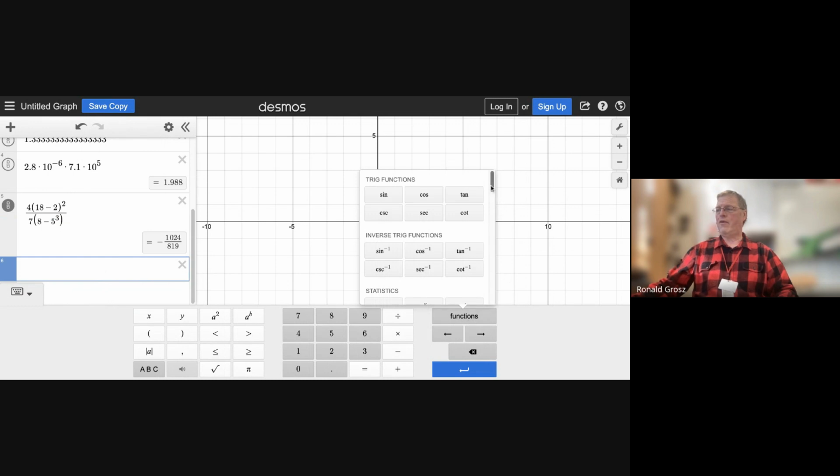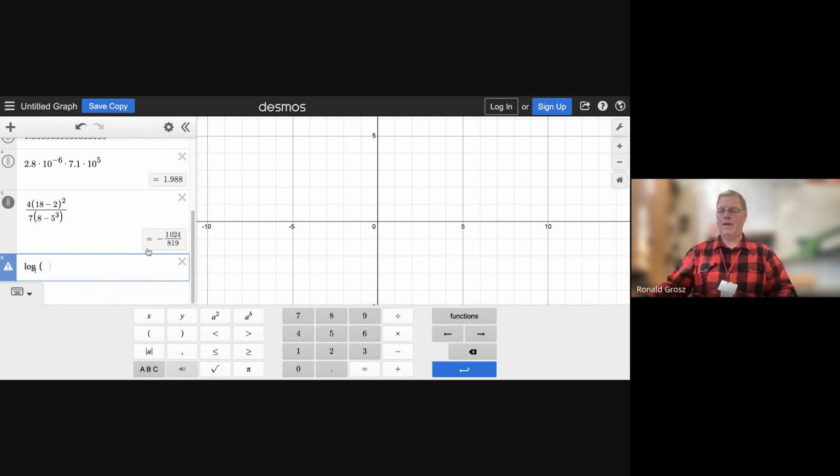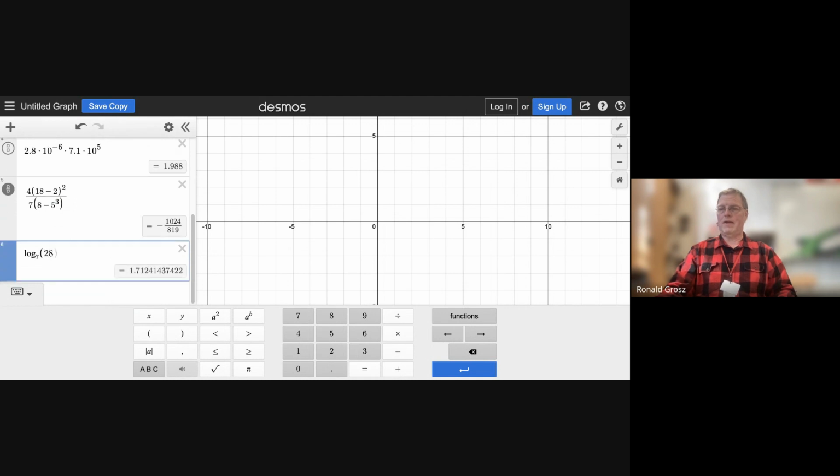So you'll want to go to your functions here and hit log with a little a underneath. You're able to change your base from 10 to, like I said, log base 7 of 28 will give me the answer correctly. So I don't need to memorize the change of base formula. These are some of the basic things that you can do with the graphing calculator.